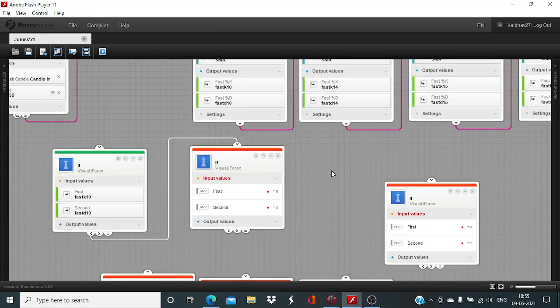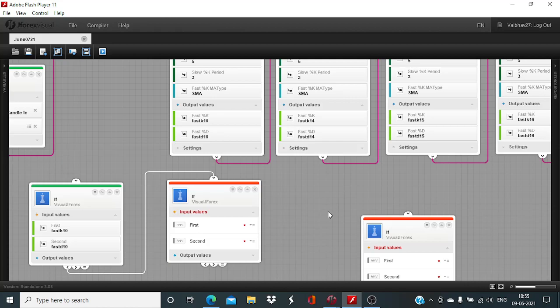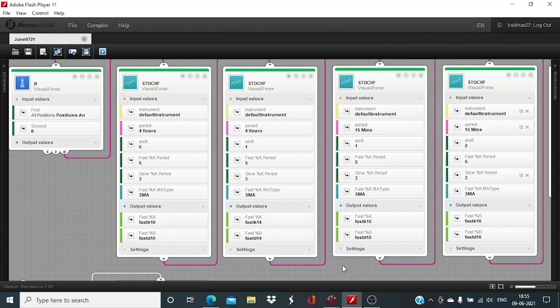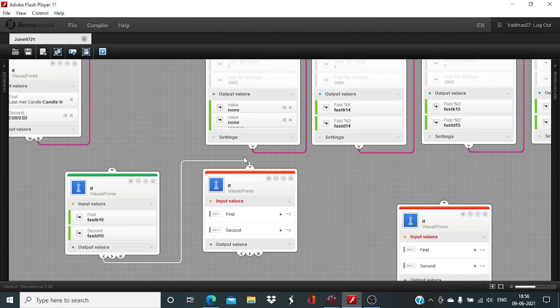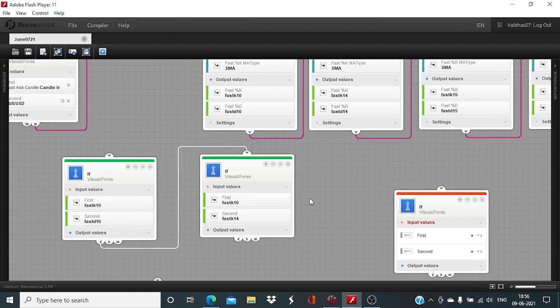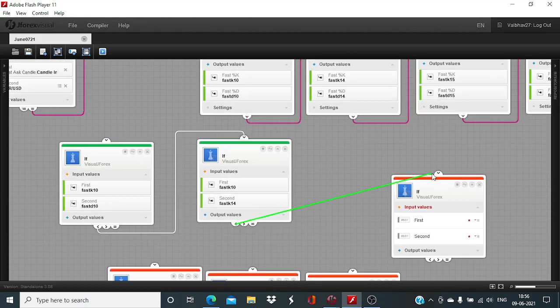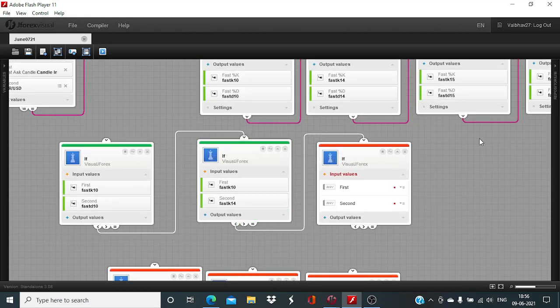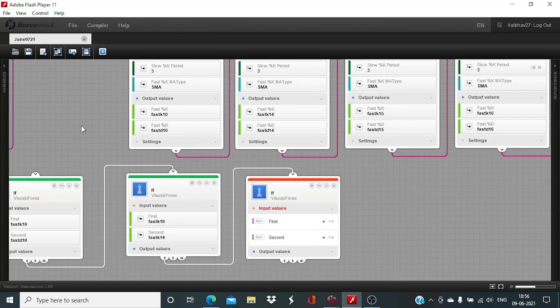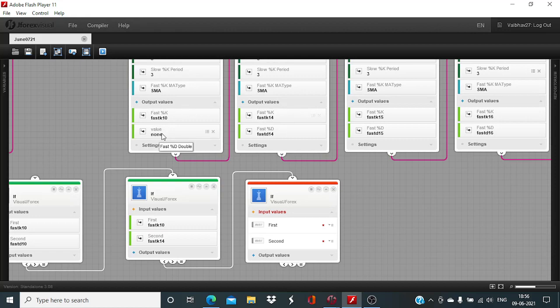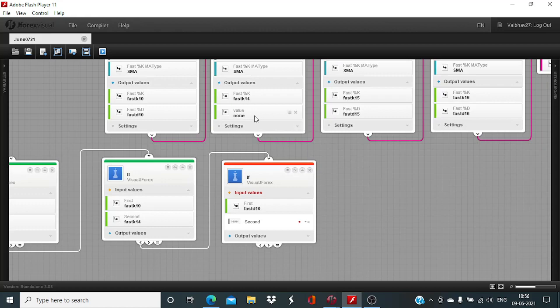And then we compare these values to the last 4 hourly block stochastic fast values, and fast K10 should be below fast K14. So again, first input less than second input. After that, we also have to compare fast D10 to fast D14.